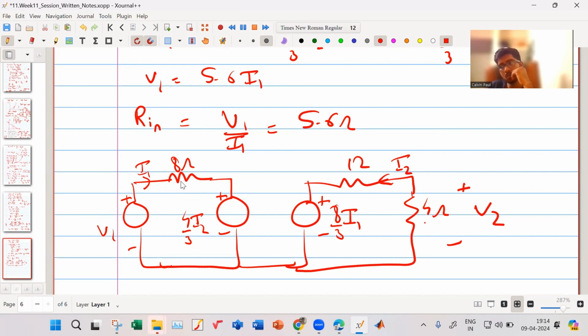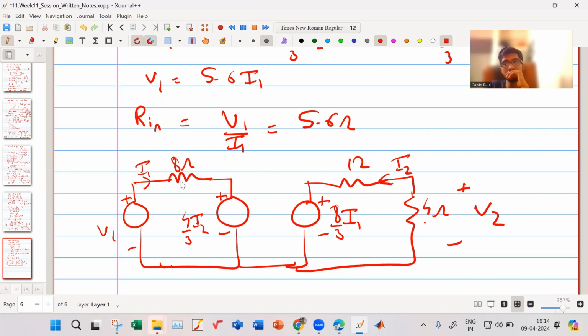Where is your voltage source? On the left-hand side. But that only you're eliminating when you're doing Thevenin. You're just removing that.